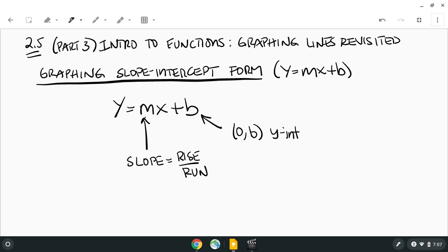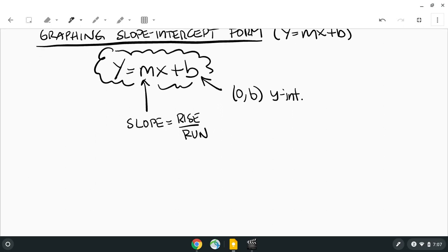So we always know a point, which happens to be the y-intercept, and we always know the slope when it's written in this form. So this form is really quite nice. It's nice for graphing as well, because if we can extract those two pieces of information, then we don't have to make a table of values to graph the equation. Okay, so let's have a look.